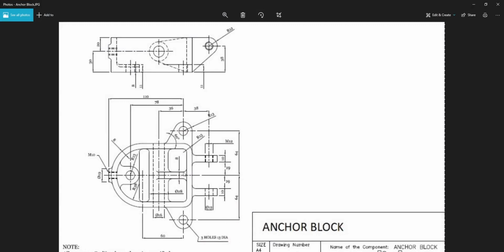Now there's a rib connecting to the cylindrical feature. The profile is given here.